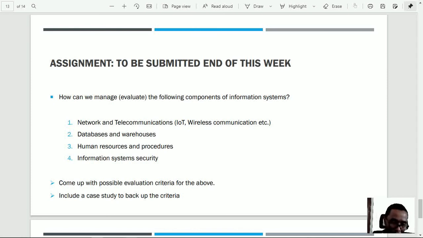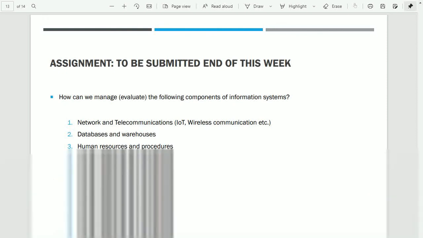For example, should you have your security local, or have other big companies out there secure your organization? We need to come up with a possible evaluation criteria for each of these resources, and then include a small case study for the same.